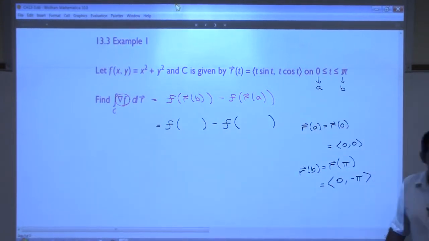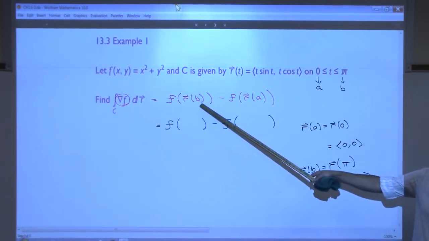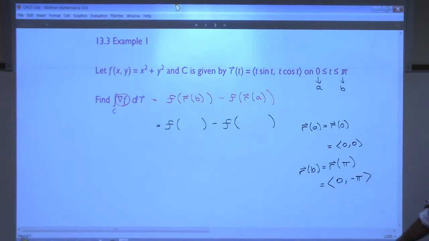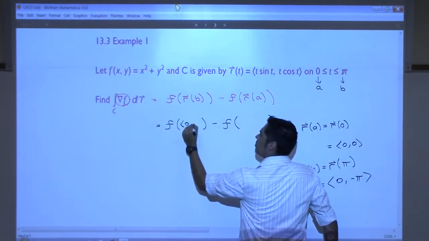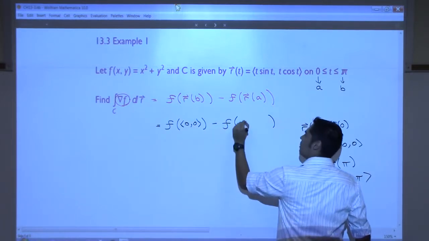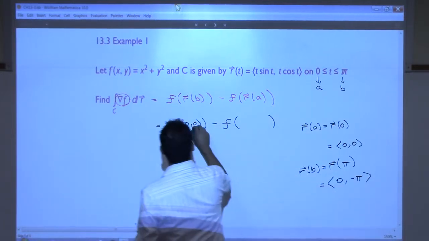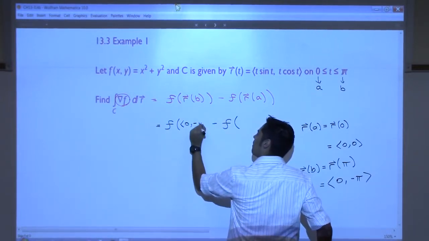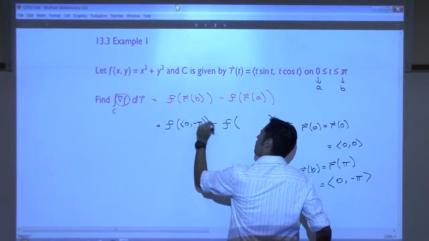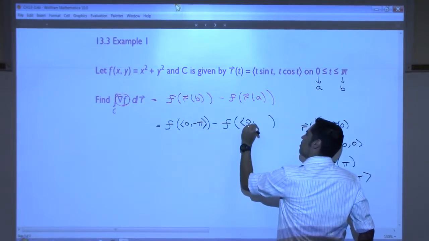This is where we have some tricky notation, which I alluded to a couple of classes ago. What does it mean to evaluate a scalar function at a point that's a vector? Well, we're going to plug in 0, 0 here, and, oh wait, I got it backwards, sorry. This one is 0, negative pi. And this one is the vector 0, 0.